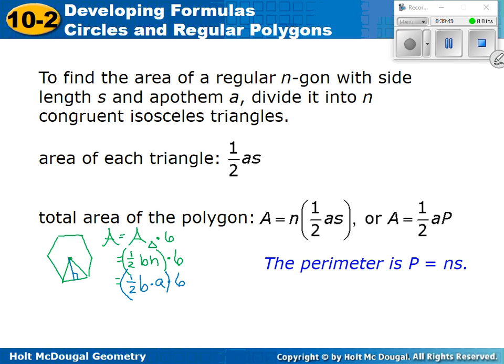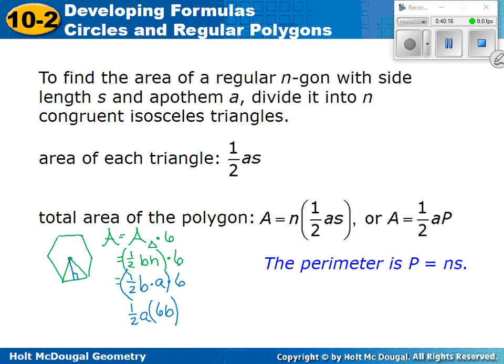Okay, I'm multiplying, and the order you multiply in does not matter, right? 3 times 4 or 4 times 3, it's the same thing. So I'm going to rearrange this and put 1/2 A, and then I'm going to put 6b together. So instead of 1/2 b times a times 6, I'm going to put 1/2 a times 6 times b. Is that okay? Just rearranged.